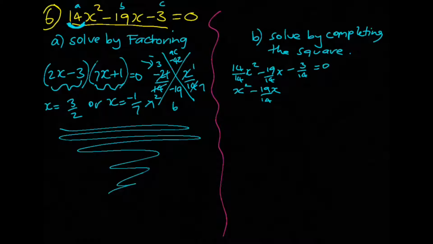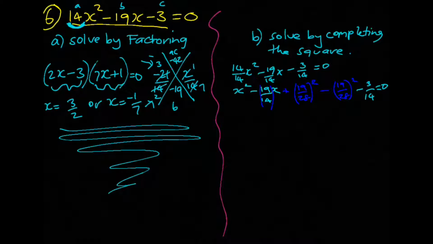We need to divide this coefficient b by 2 and then square it and add it and then subtract it. So we've got plus 19 on 28 because we're dividing by 2, and that's squared, and then it's minus 19 on 28 squared minus 3 on 14 equals 0. Remember, these would normally cancel out to 0, but by adding them in, we turn this into a perfect square.